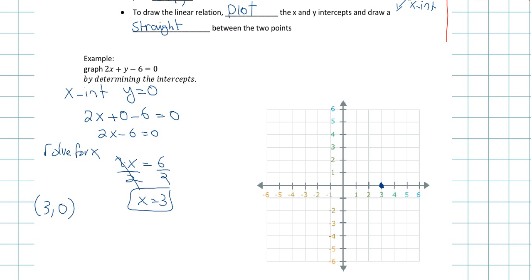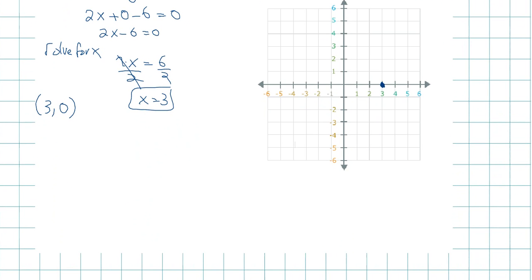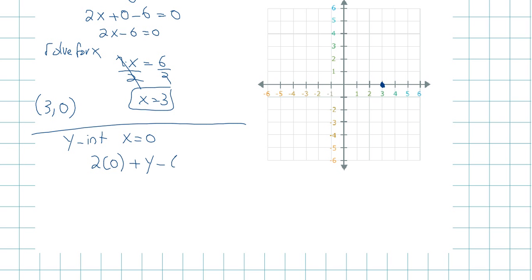Yeah. So to find the y-intercept you have to set x equal to 0. So in this case, it's going to be 2 times 0 plus y minus 6. You guys agree with this? So if I scroll back up, instead of x, I'm replacing that with a 0.